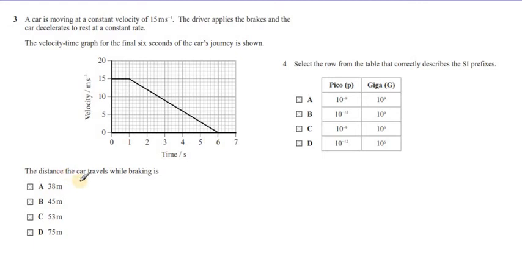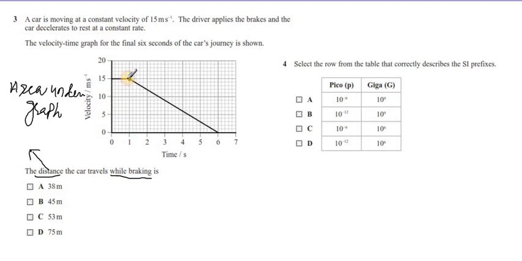The distance the car travels while braking is, okay, that means we need to find the distance while braking. This is important, while braking. And remember, if we have a graph of velocity against time, distance means area under the graph. But we need to find the area while braking.